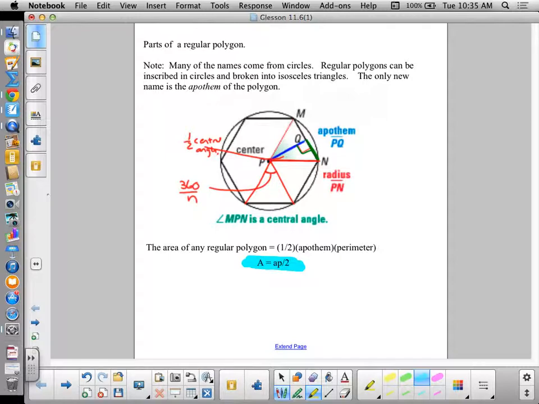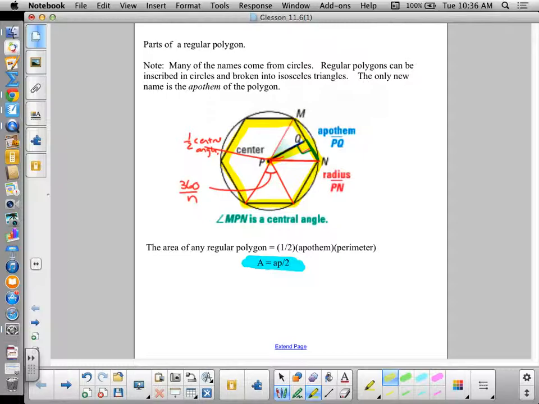Now, by perimeter, I'm not talking perimeter of the triangle. I'm talking perimeter of the actual polygon. That's the perimeter we're talking about, times the apothem, divided by 2 because they're triangles. That's how we find that.